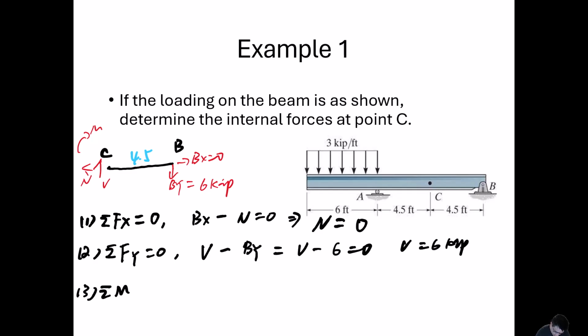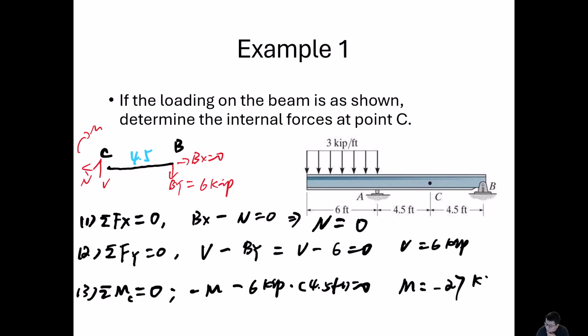Sum of moment at point C equals 0, which is negative M minus 6 times the distance 4.5. M is negative 27. So we solved all the unknowns at section C.